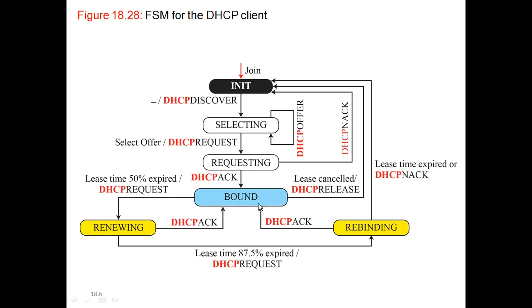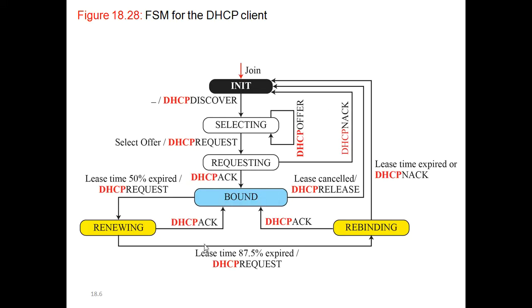In this state, the client can use the IP address until the lease expires. When 50% of the lease period is reached, the client sends another DHCP request to ask for renewal. It then goes to the renewing state. When in the bound state, the client can also cancel the lease and go to the initializing state.